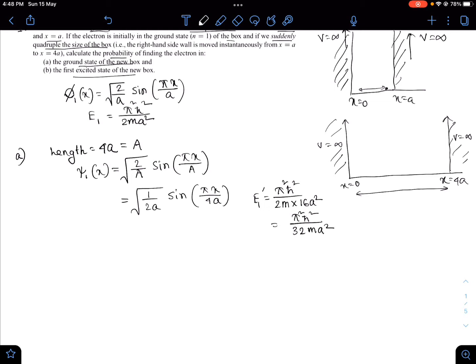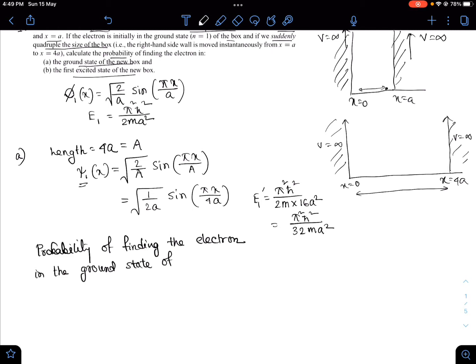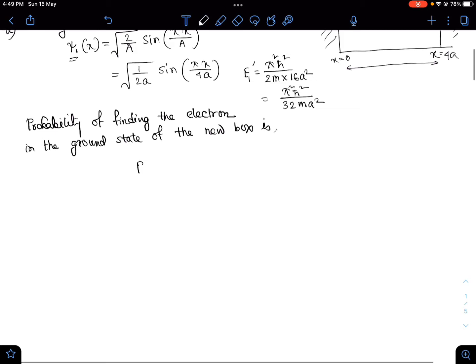So we have to find the probability of finding the electron in this state. So what is the probability? The probability of finding the electron in the ground state of the new box is, so what is the probability?